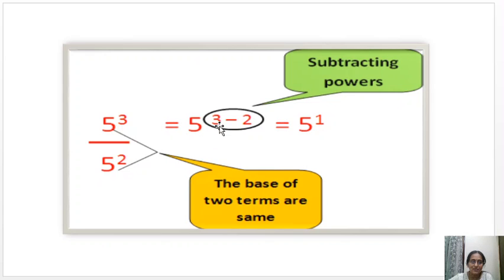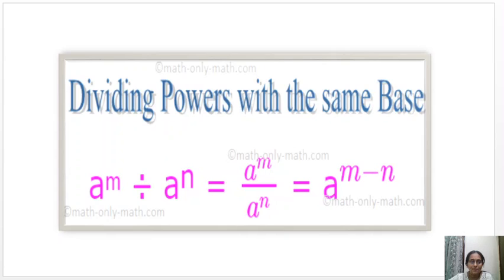Directly subtract the powers. 3 minus 2. Directly we will write the answer 5 power 1. So it is not practical to write 5 power 300 times or 5 power 200 times. It is comfortable if we get the rule to find out the answer.